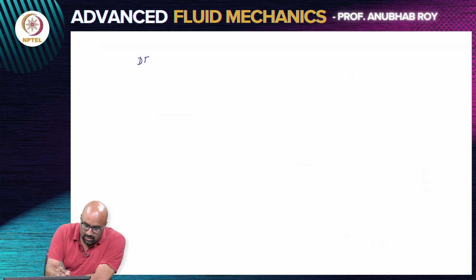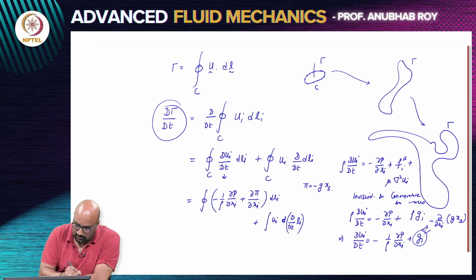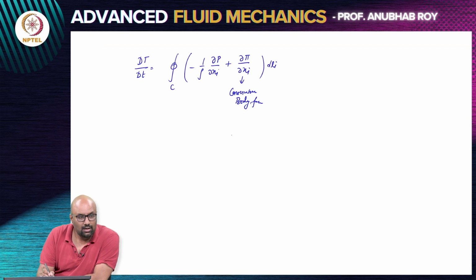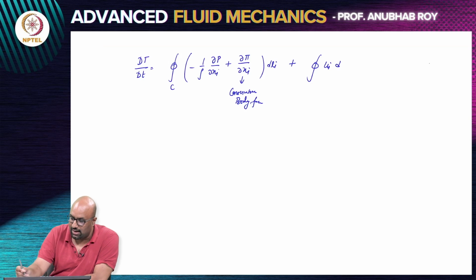So, what we have now is that the rate of change of the circulation is the integral of minus 1 by rho dp/dx_i plus d pi/dx_i, which is basically a conservative body force, over that contour that I have, and then for the second piece I have u_i d of dl_i/dt for that small line element.